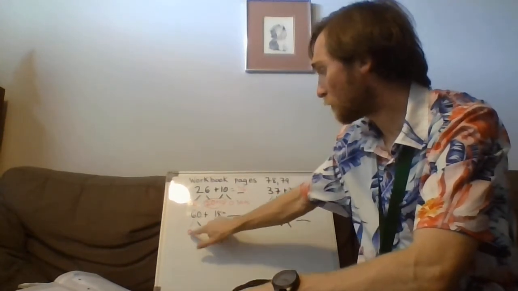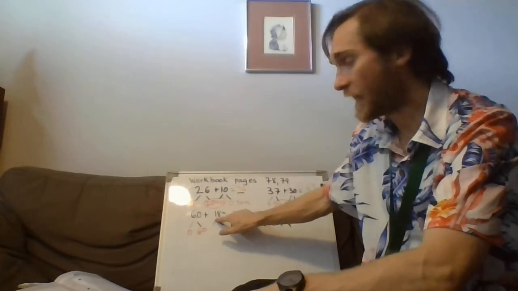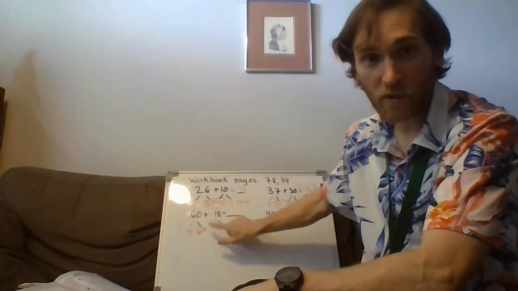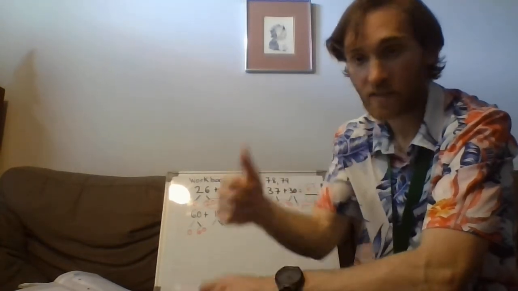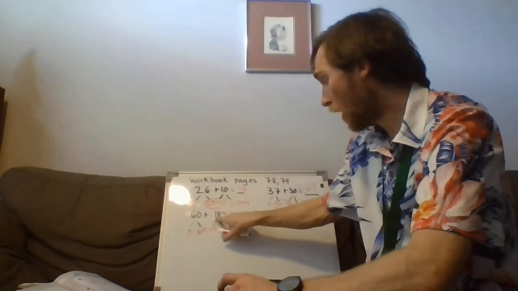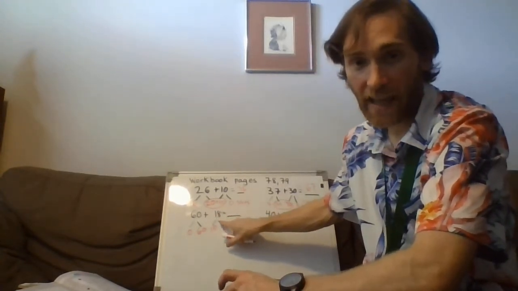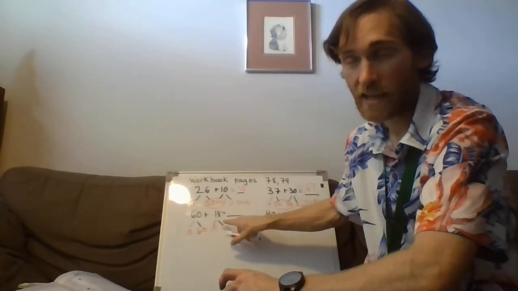I know that 0 is how many ones there are because there's a 0 in the 1 spot. 18. Did you put 10 and 8 to break apart 18? If you did, excellent. You're correct because there is a 1 in the 10 spot and an 8 in the 1 spot.